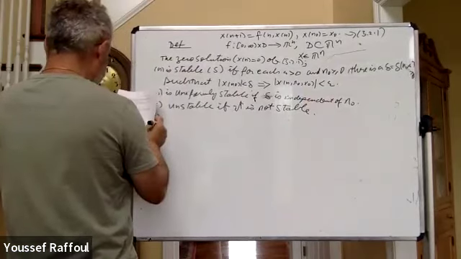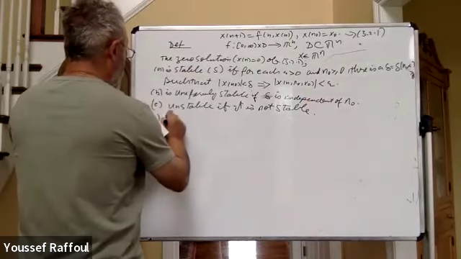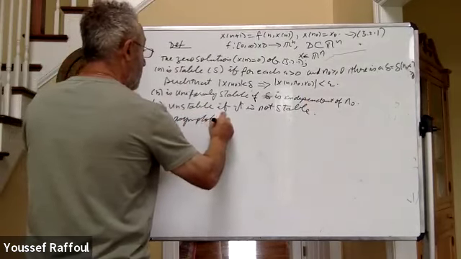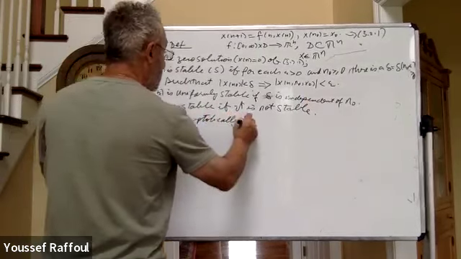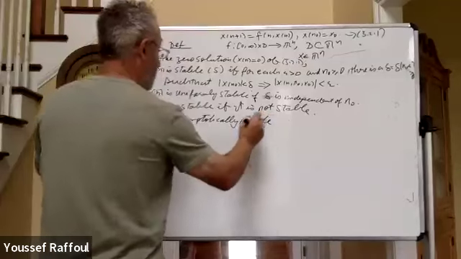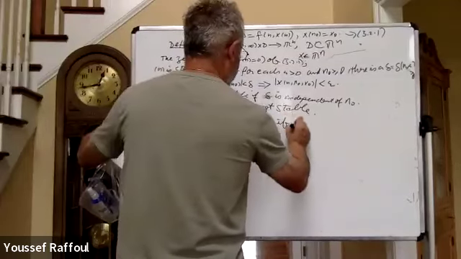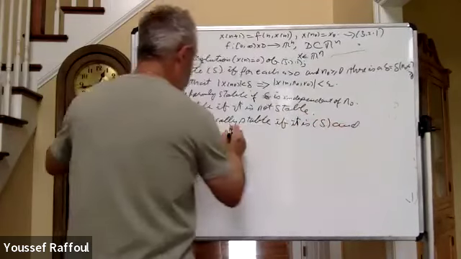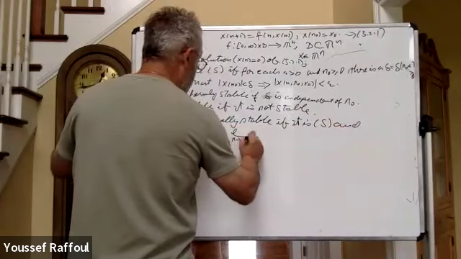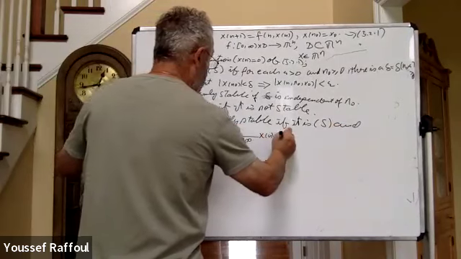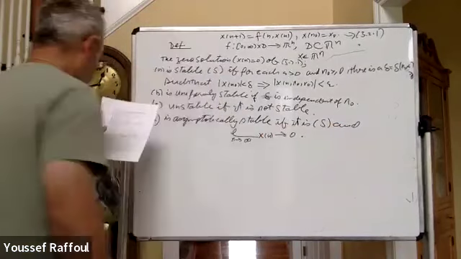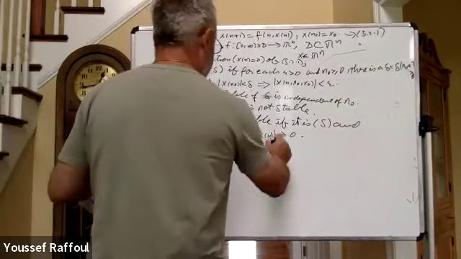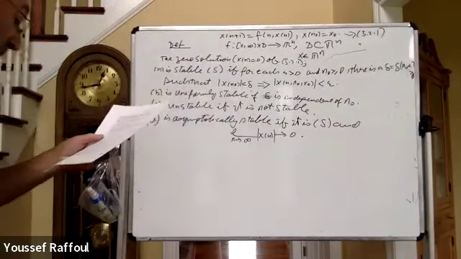D, asymptotically stable if it is stable and the limit as n goes to infinity of |xn| goes to 0. Okay? We can put it in absolute value here.